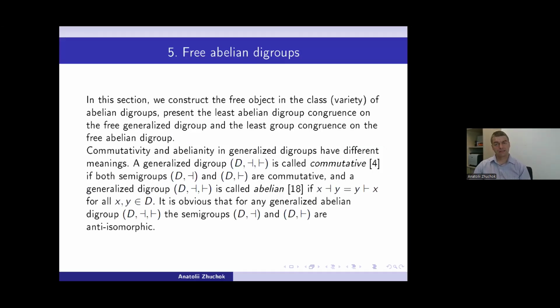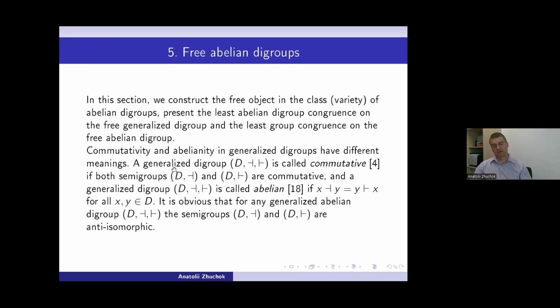Okay, next, free abelian groups. In this section, we construct the free object in the class and variety of abelian groups and consider the least congruence. Commutativity and abelianity in groups have different meanings.